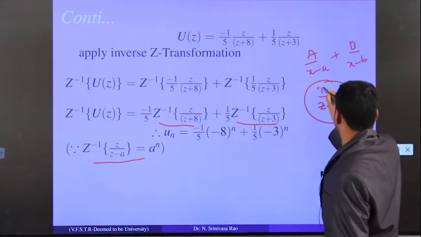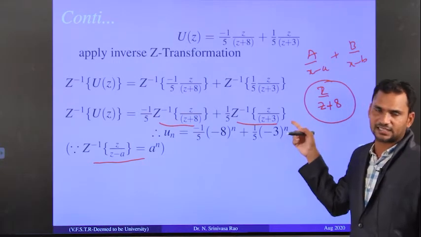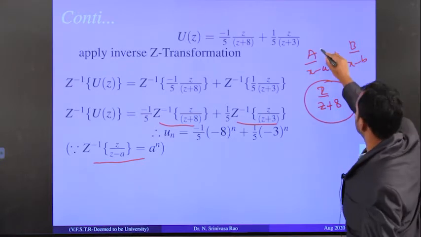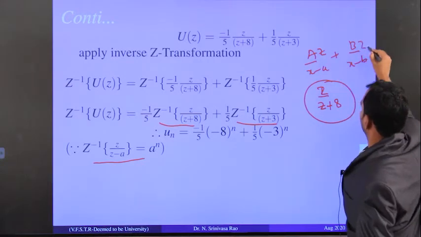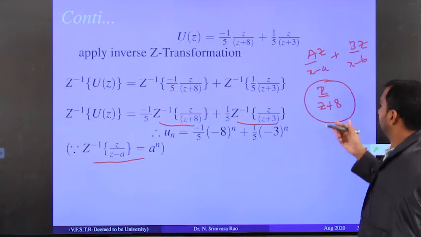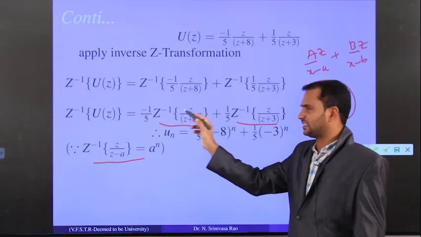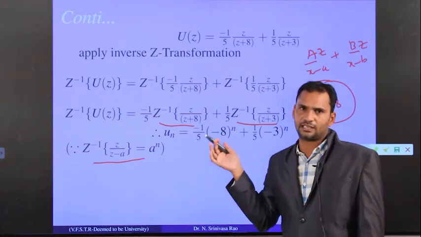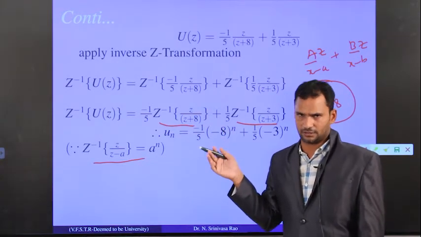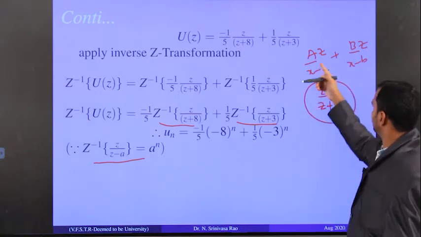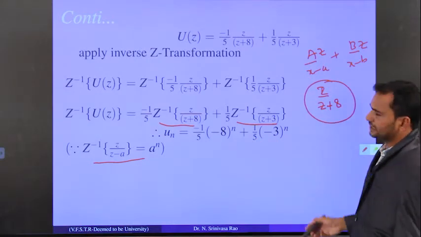Only if we have a z in the numerator can we find the inverse z transformation. That is why we have multiplied with z here. If you do not multiply with z, we will get 1 by z plus 8, and for z inverse of 1 by z plus 8 we cannot have any z inverse transformation.